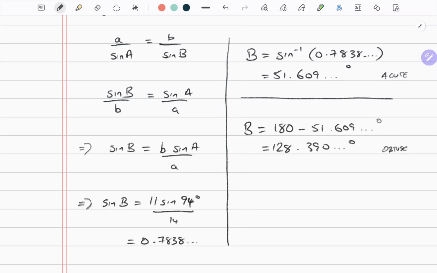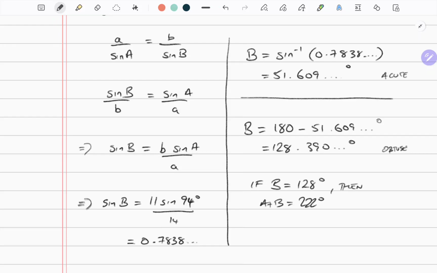However, this may not stand, because if B is equal to 128, call it 128 degrees in this instance, ignore the decimal for the time being, then A plus B is equal to 222 degrees, which can't happen because we're working with a triangle with a maximum of 180 degrees across all its angles.